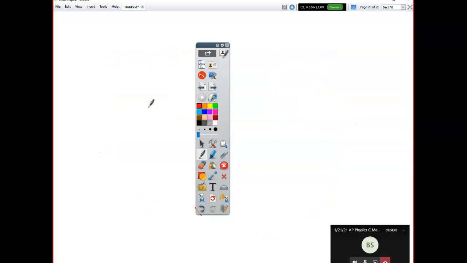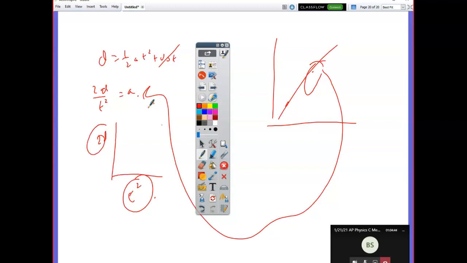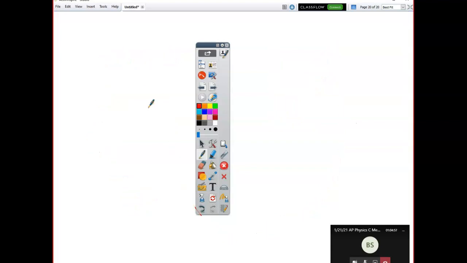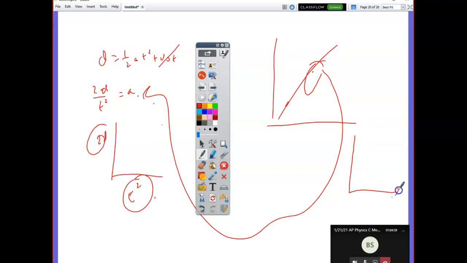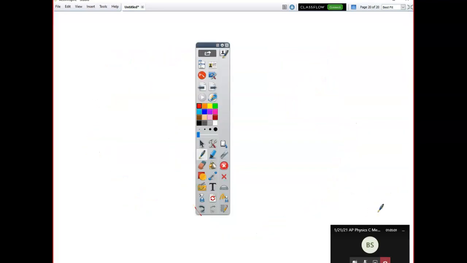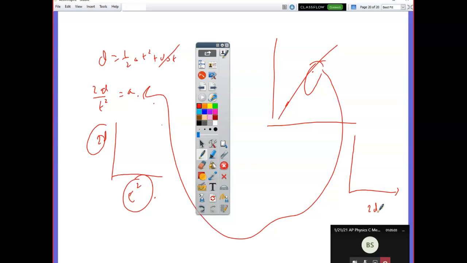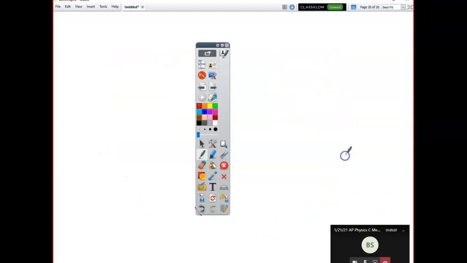At the point of like 0.5, it would be 1 for the y-axis. So first thing I'd do is make a time, I'd square my times, right? Or 2D. Okay, fine. I'm going to write down here 2D so they know that's what I did. I'm going to write T squared over here, so I know what they did.